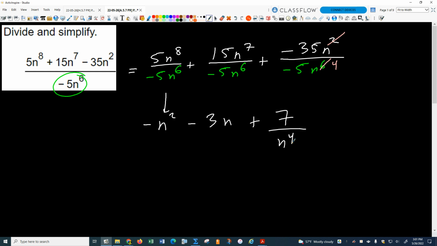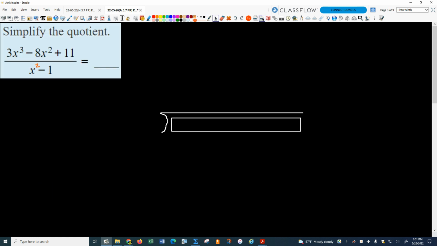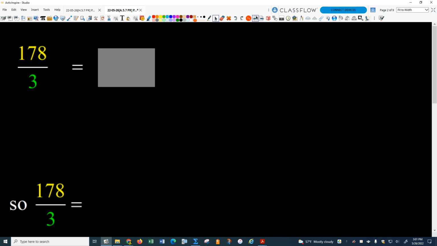Okay, so that's easy. Now what's a little tougher is stuff like that, where we're dividing by a polynomial that's not a monomial. So to get ready for that, we're going to just quickly review what we did way back in the day in grade school when we divided numbers using long division. What did we say?